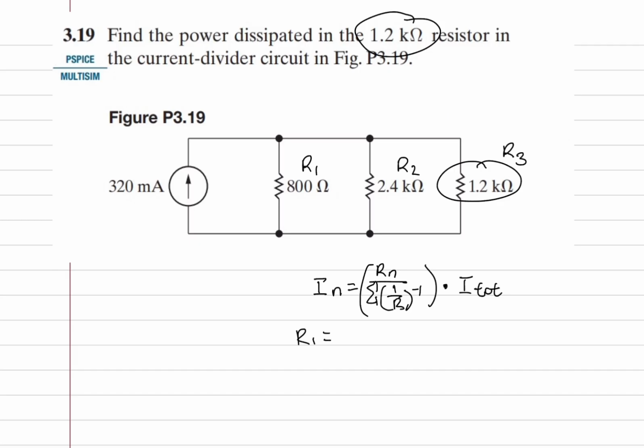R1 equals 800 ohms. R2 equals 2.4 kilo ohms. And then R3 equals 1.2 kilo ohms.